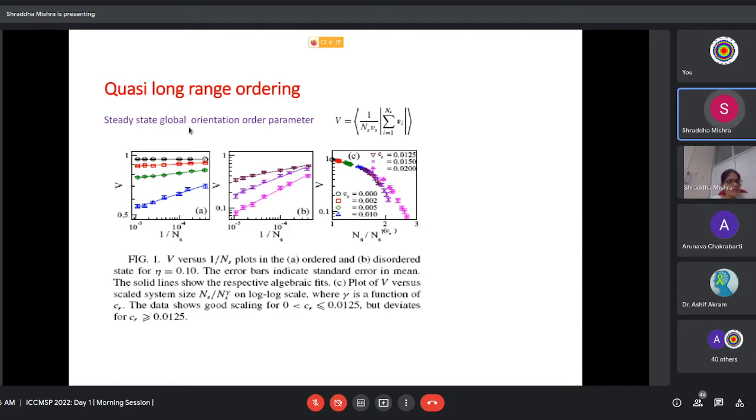It seems that for larger system sizes there is a finite ordering, and the system can be thought of as a long-range ordered state. Now, when I increase the density, there is a decrease in the ordering as a function of system size. For certain values of the obstacle or rotator density, the change is not very relevant; it is a very small change. But for the larger density, it changes a lot from the smaller system size to the larger system size.